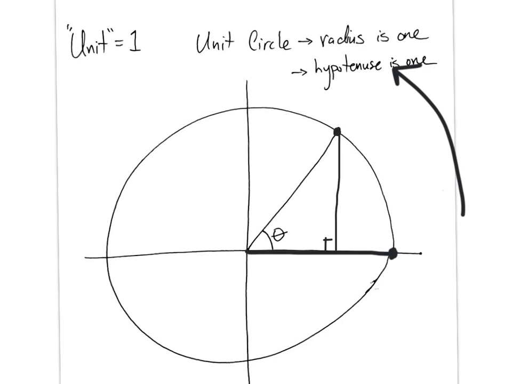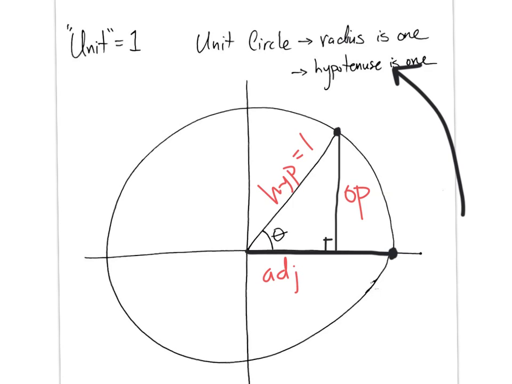In looking at that right triangle, if we're talking about this angle theta, we know that this would be the adjacent side, and this would be the opposite side, and this would be our hypotenuse. So I will write that the hypotenuse, and we know that that's 1. This is the opposite side, and this is the adjacent side.